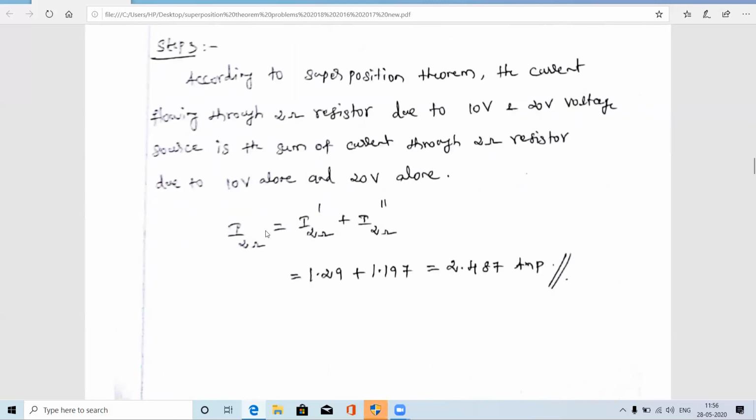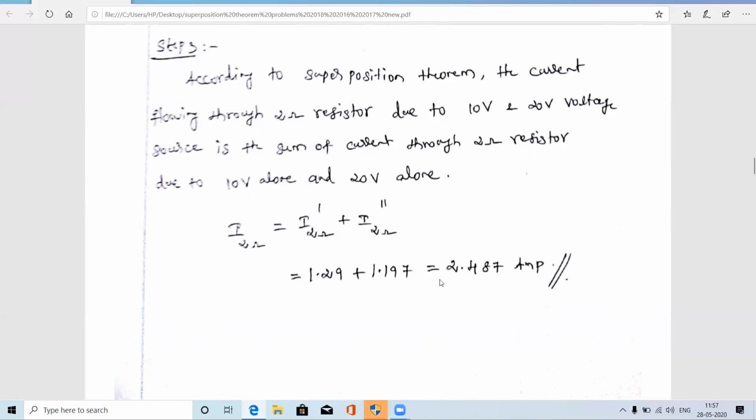So you just add equation number A and equation number B. The answer is 1.29 plus 1.197, so we get 2.487 amps. This is the actual current flowing through the 2 ohm resistor due to both the 10 volt and 20 volt voltage sources.